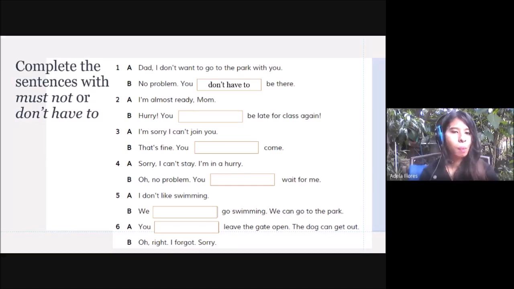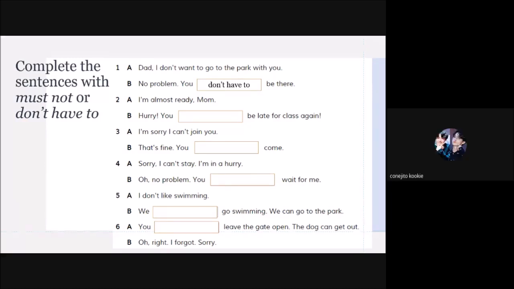Lo dejamos como una opción de que podemos o no llegar tarde a clase, o es realmente una obligación. What do you think? Should it be you don't have to or you must not? You must not.